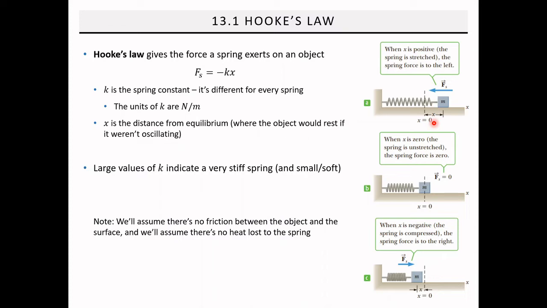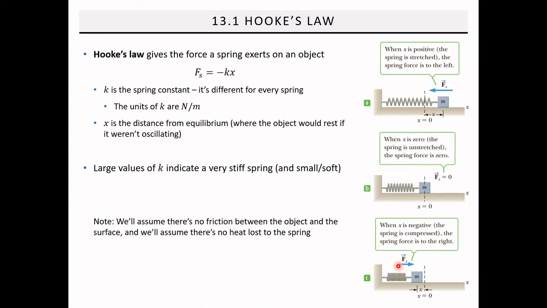In the top picture, the object is displaced a distance x to the right of that equilibrium position. Now imagine you do this in real life. You pull an object to the right, the spring is going to try to pull back to the left. The force that the spring is exerting on the object is represented by this variable Fs. Now in the bottom picture, the object is displaced to the left by a distance x, and the spring is trying to exert a force to the right, also represented by the variable Fs.